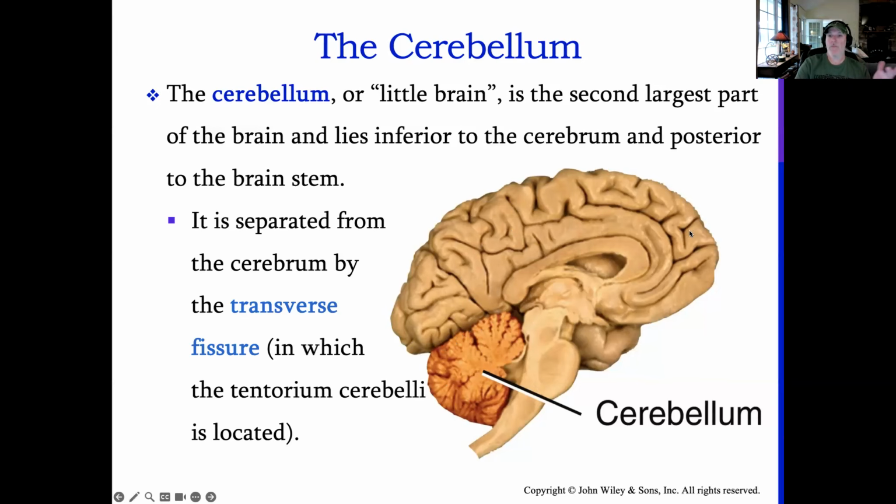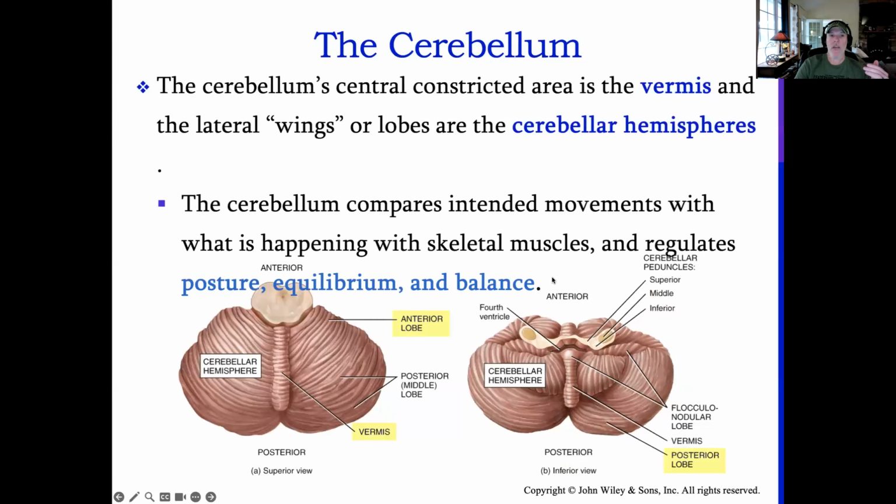The cerebellum is one of the parts of the brain which is the most heavily affected by alcohol. When we drink alcohol, alcohol is obviously a depressant, so it's going to slow down nerve function.